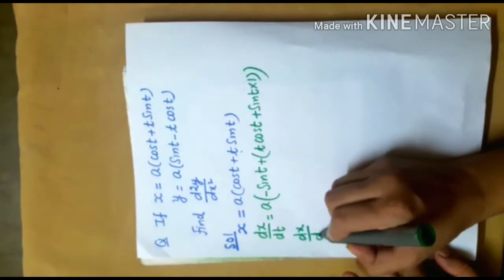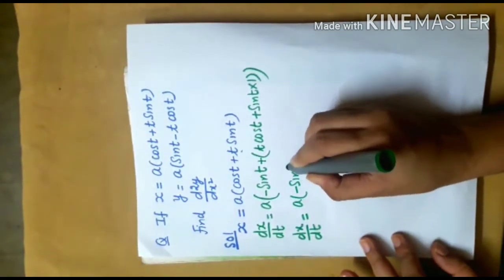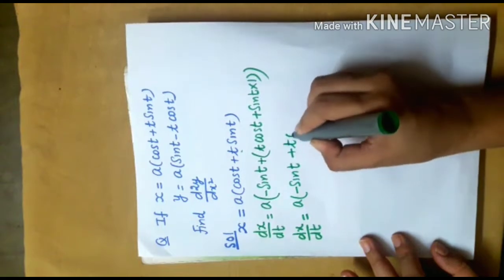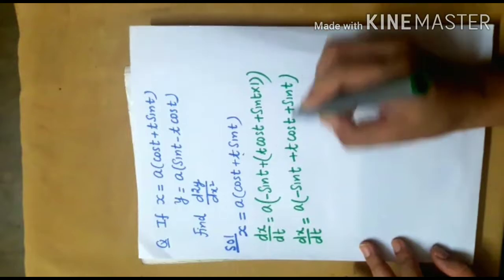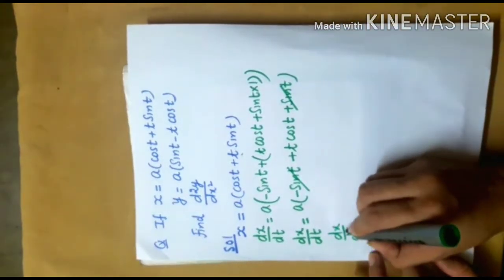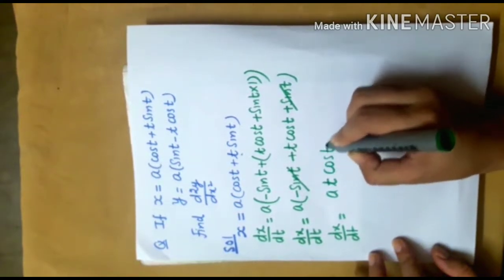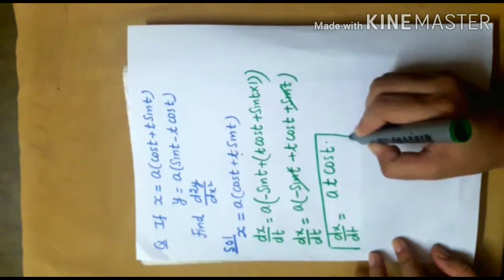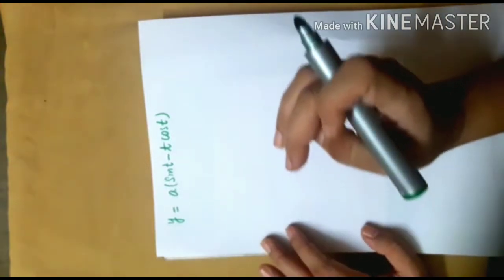So dx by dt will be a minus sin t plus t cos t plus sin t. This will get cancelled out. So dx by dt will be a t cos t.